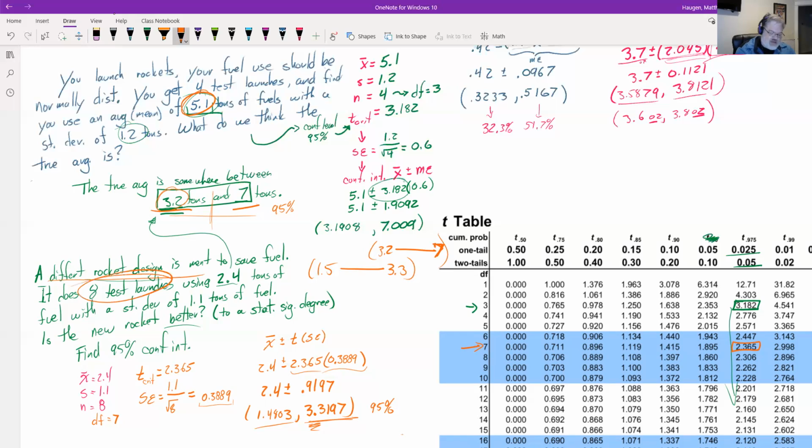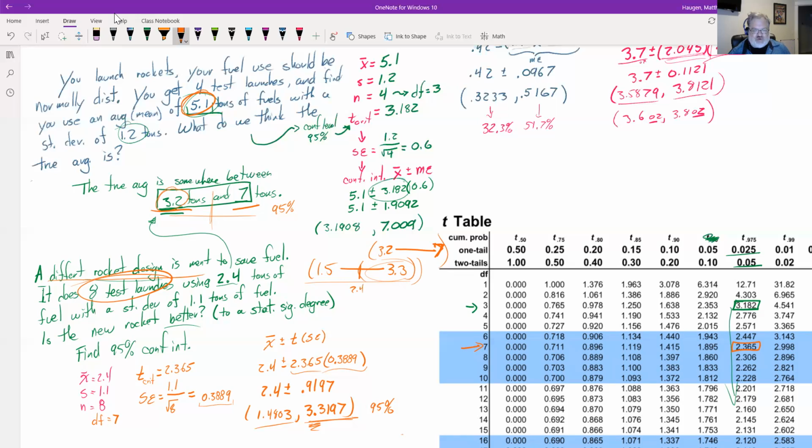So what is this other company who made the new rocket design going to go do? Ideally, they'll do more test launches. Because if they do more test launches, this interval is going to shrink, right? Now, it might shrink towards that 3.3, as far as we know. Again, the emotional assumption that it'll shrink closer and closer to that 2.4 assumes that 2.4 is right.